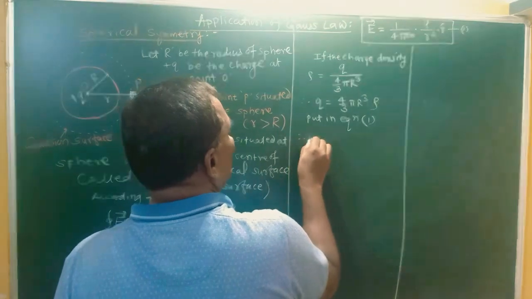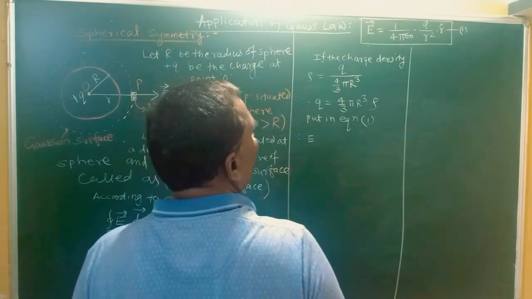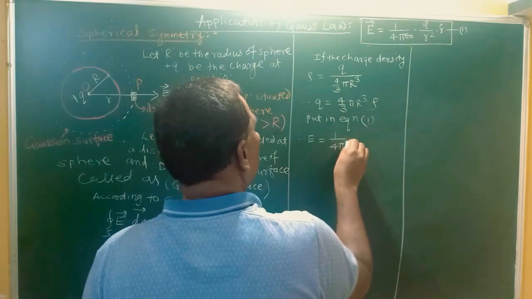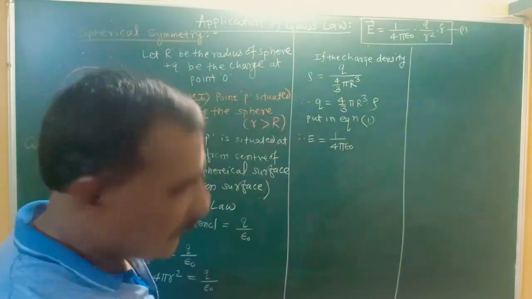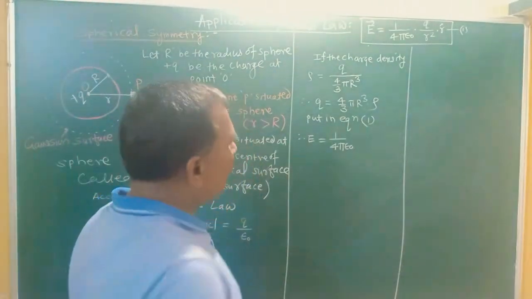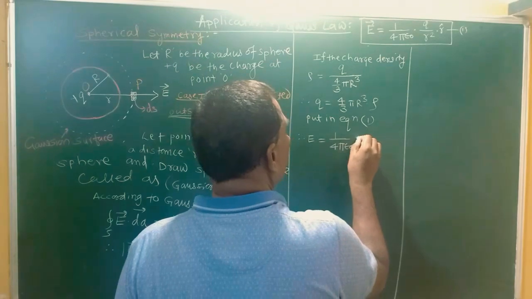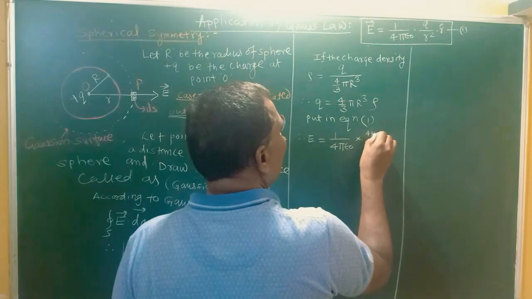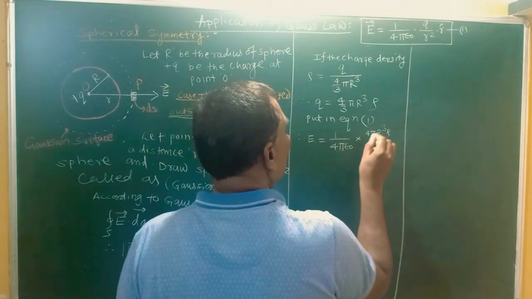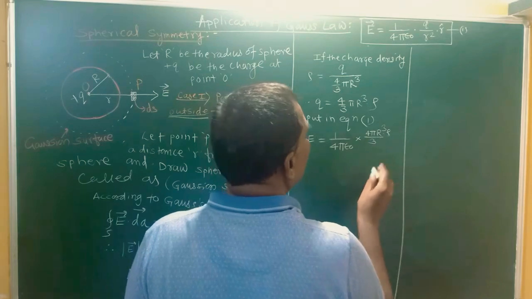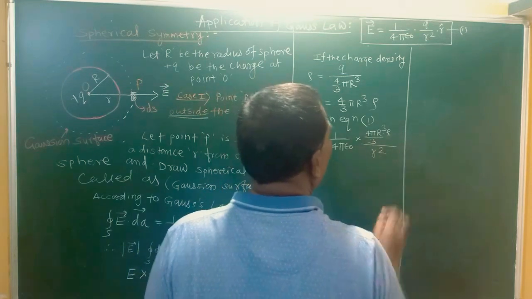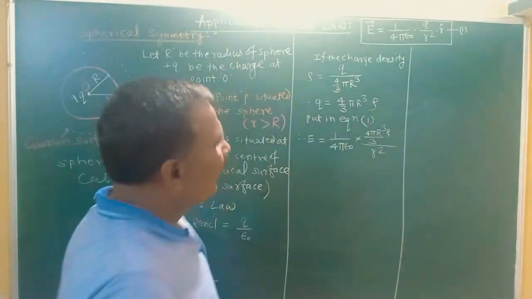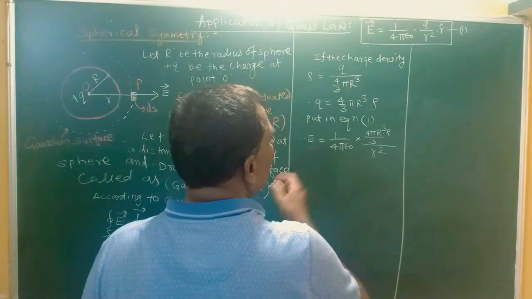We get the electric field intensity E equal to 1 upon 4 pi epsilon naught into Q, where Q is 4 pi r cube into rho divided by 3, divided by r square. This is in magnitude, that's why we don't write the cap.